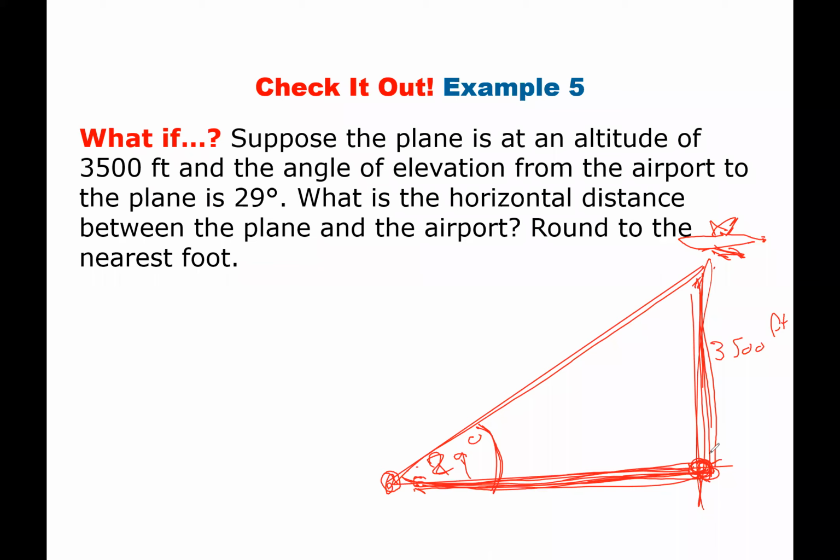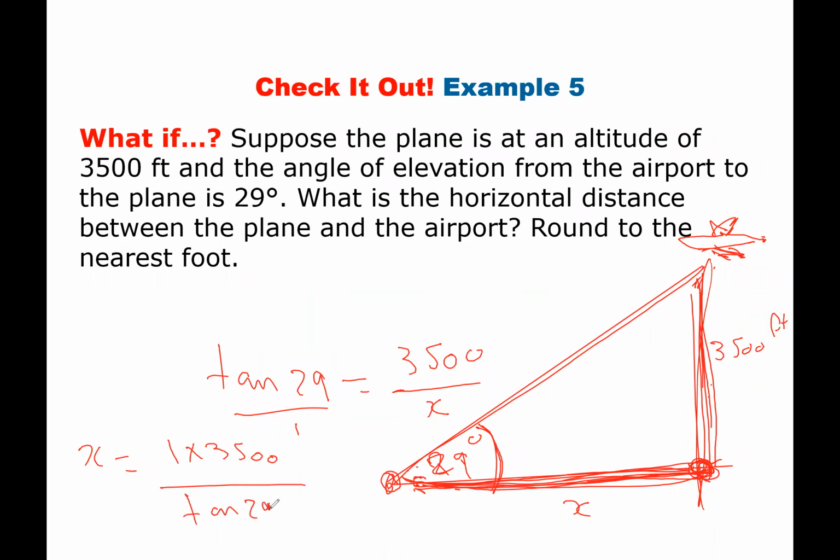Now the relation is between the opposite and the adjacent, so tan, because you have opposite and you need the adjacent. So you can find this one by using tan 29 equals 3500 divided by x. Then x will be 3500 over tan 29.